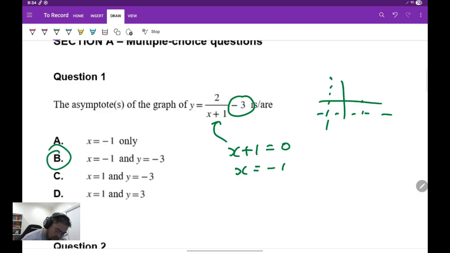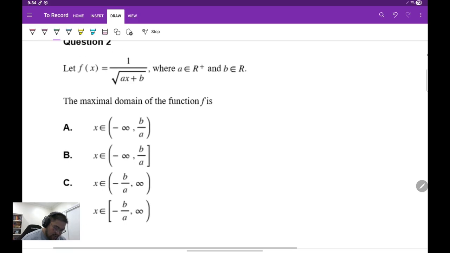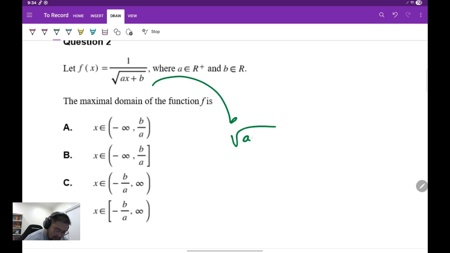All right, next one. It says let f of x equal this, and you've got the domain. So we need to find the maximal domain. The thing we need to consider here is the fact that the denominator, root ax plus b, needs to be greater than 0. And the fact that we've got something that's greater than 0 means that that's going to be the maximal domain.